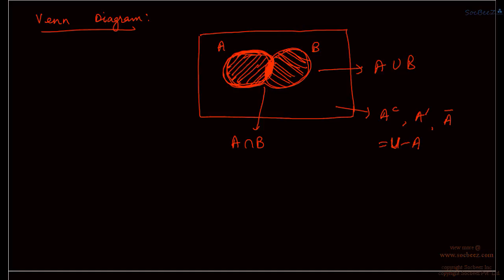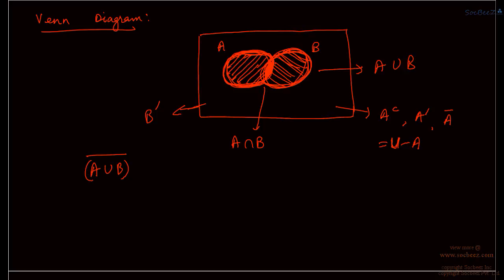Similarly, for B also we can find out. If this is my event B, everything else will come under B star, B dash. Similarly, I can consider A union B as an event, and I can find out A union B whole bar, right?